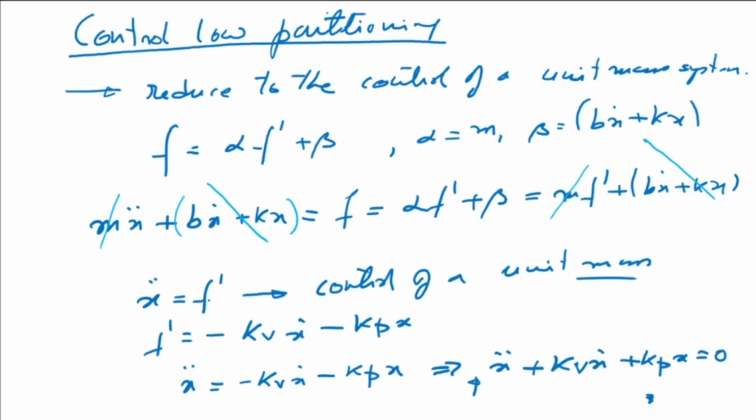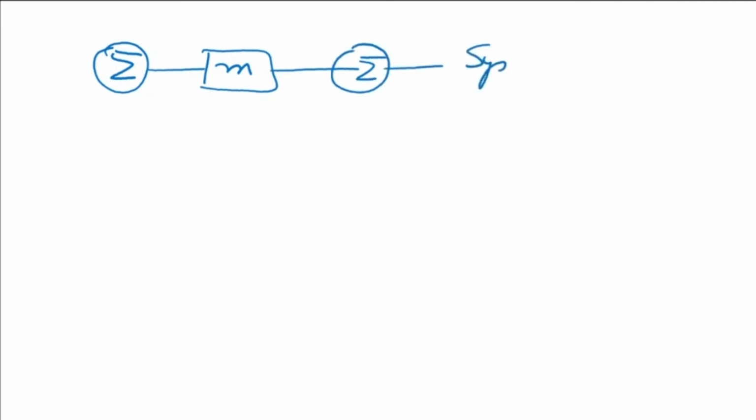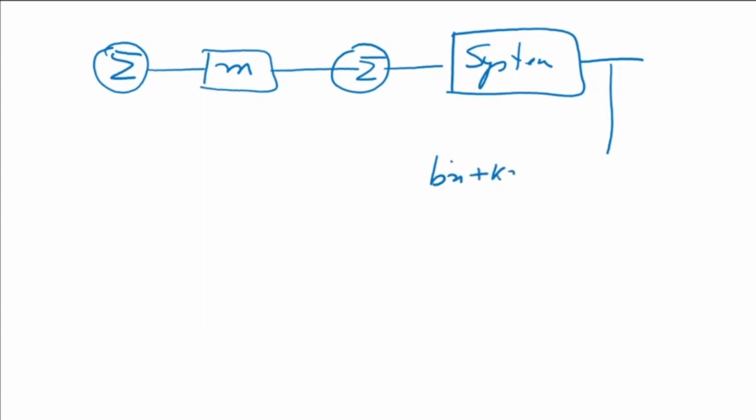Now let us look at what this control system diagram will look like. It will look something like this. We have the comparator block there, and then we have the mass, another summing block, then the system, and now you will appreciate why we did it like this.